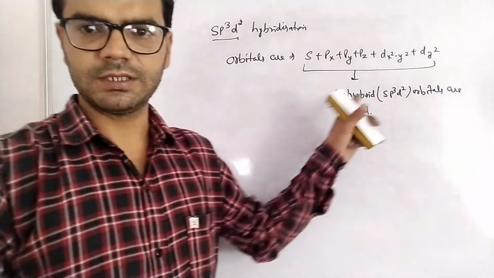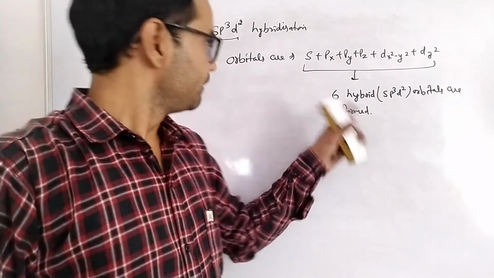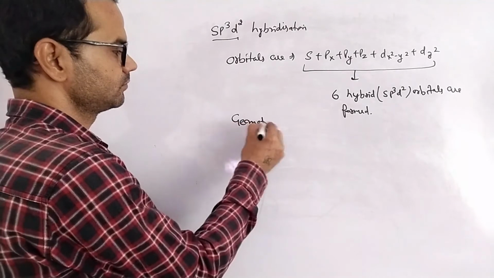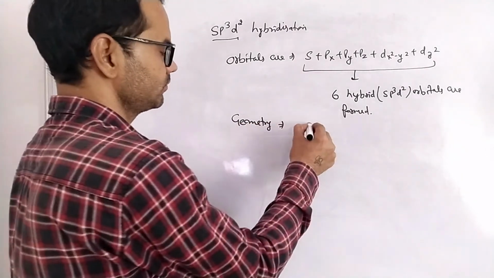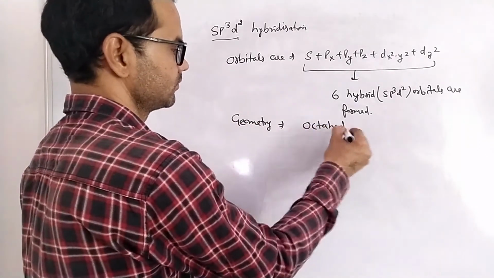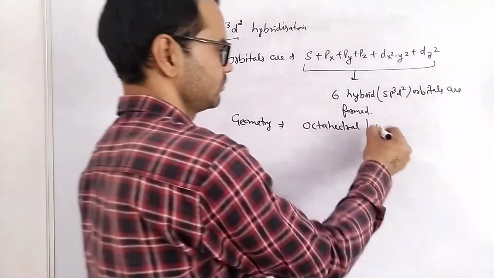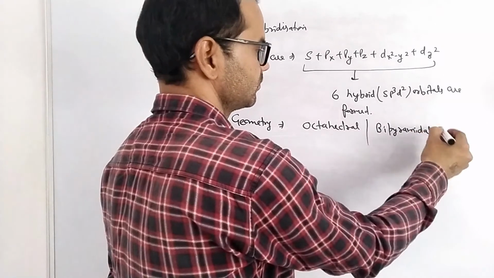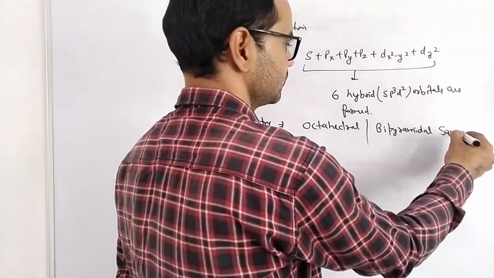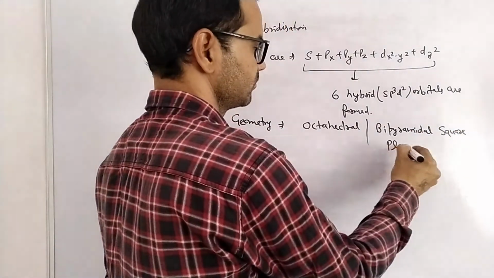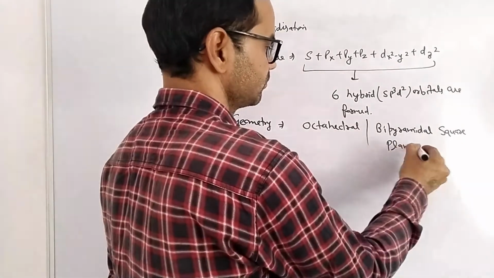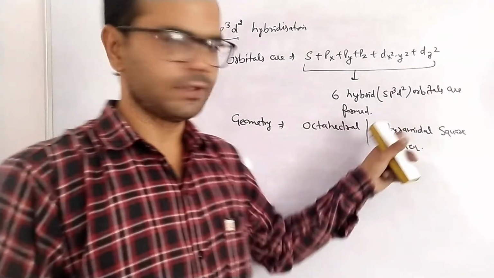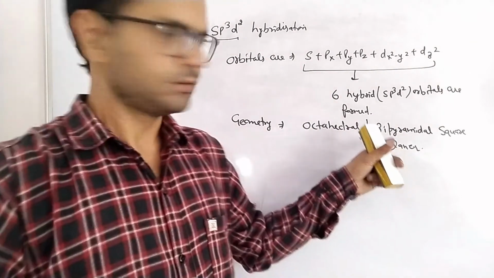Six hybrid orbitals are formed. So its regular geometry is octahedral or bipyramidal square planar.